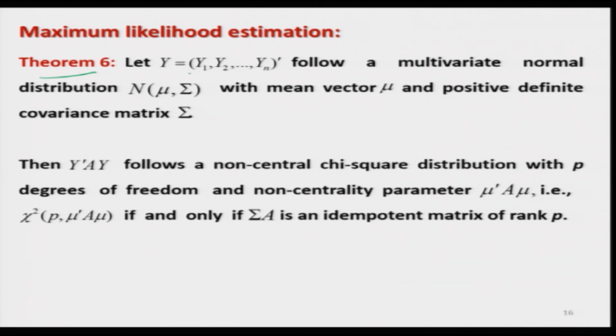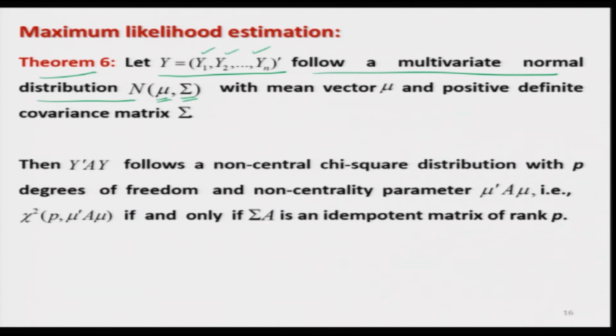Let y be a vector of n random variables y 1, y 2, up to y n, assumed to follow a multivariate normal distribution with the mean vector mu and a positive definite covariance matrix sigma.